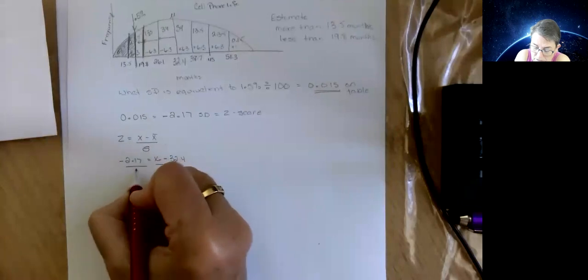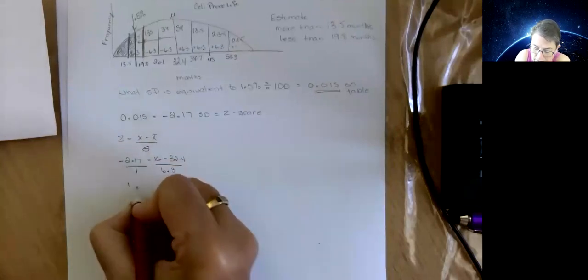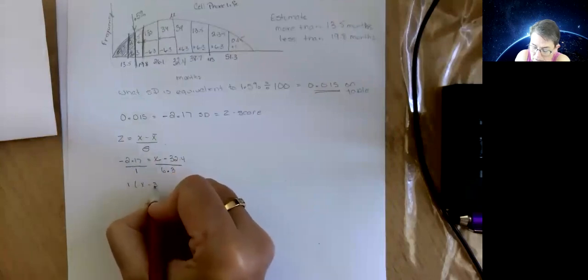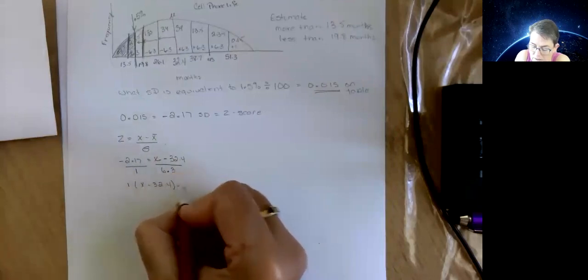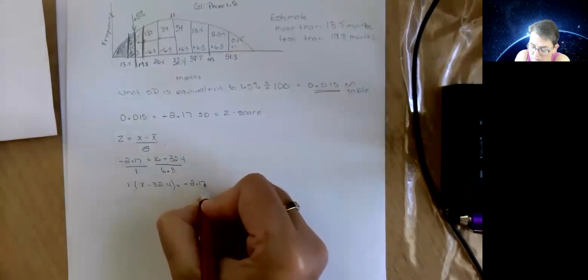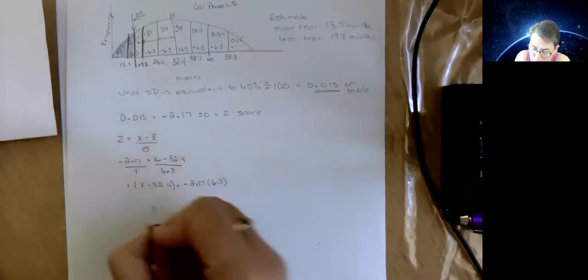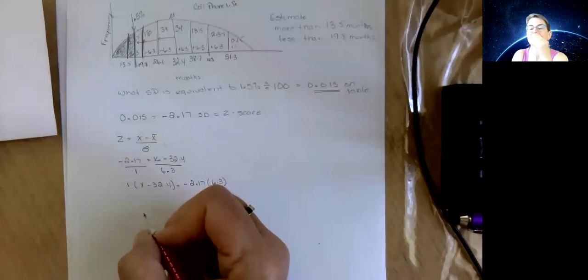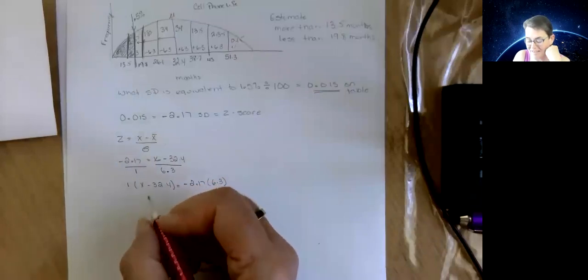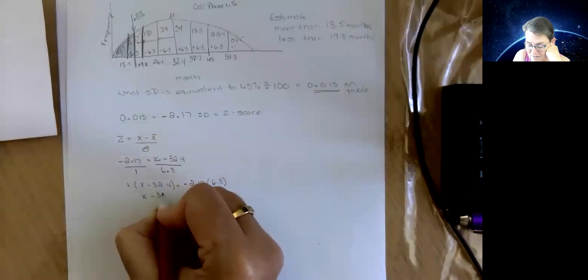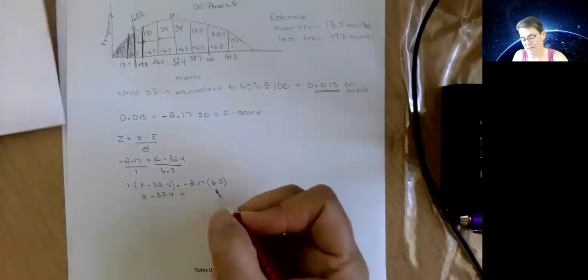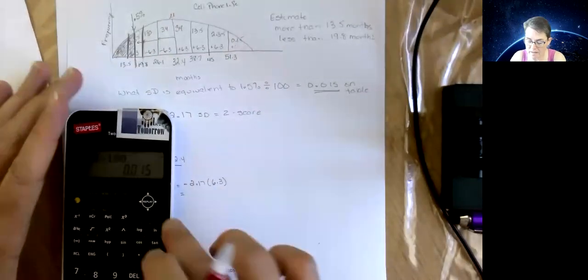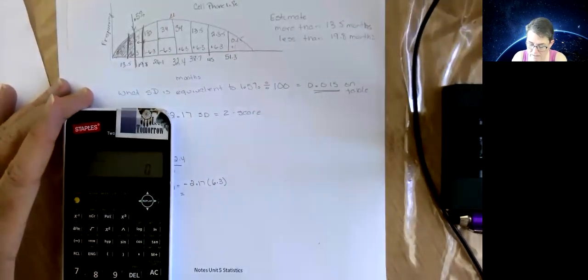So easiest way here, let's just put this, and we're going to cross multiply. So 1 times x minus 32.4 is equal to minus 2.17 times 6.3. So one, y'all know 1 times whatever is just whatever. That didn't sound very mathy, did it? Sorry. X minus 32.4 is equal to -2.17, whoopsies, 2.17 times 6.3.